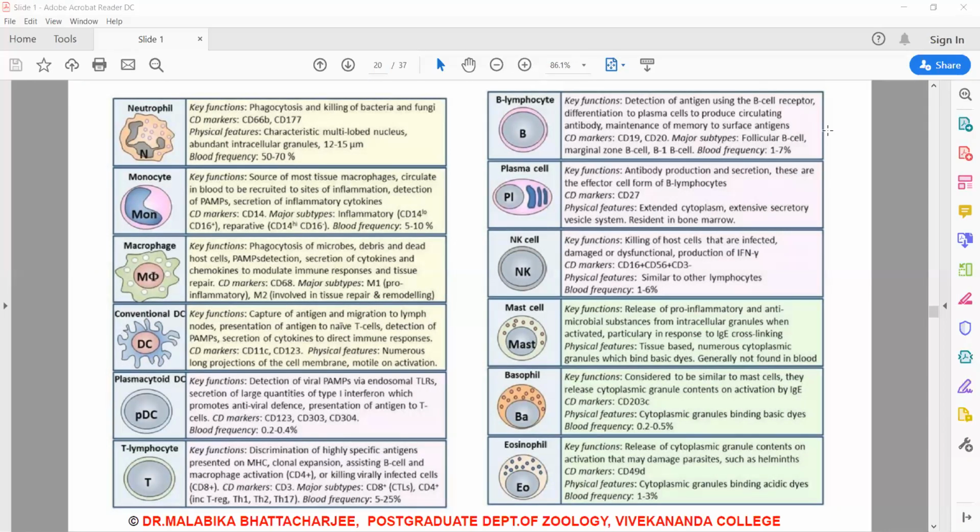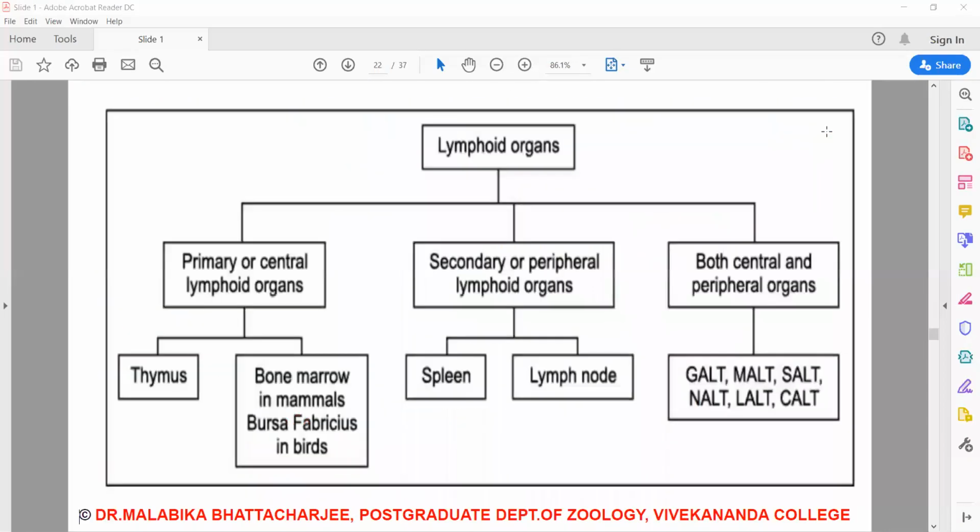So briefly, at the outset, I'd like to give you an overview that the lymphoid organs can be divided into the primary or the central lymphoid organs and the secondary or the peripheral lymphoid organs. The primary lymphoid organs are basically thymus and bone marrow, where maturation of lymphocytes takes place.